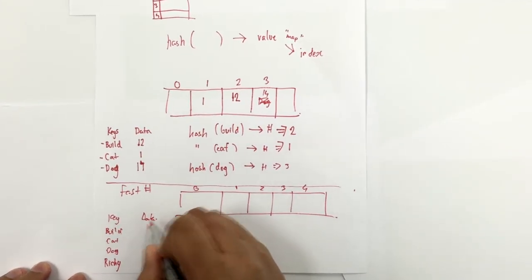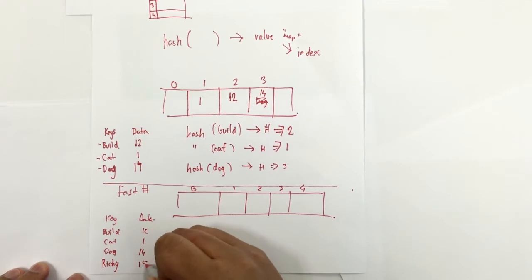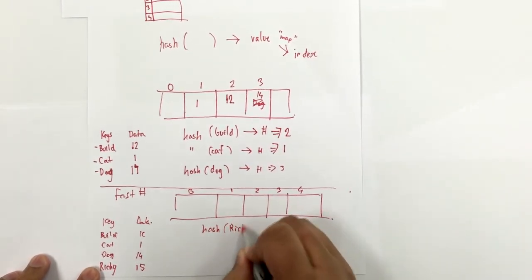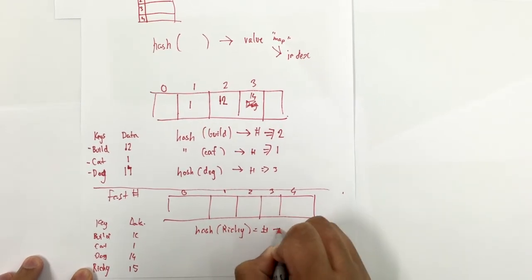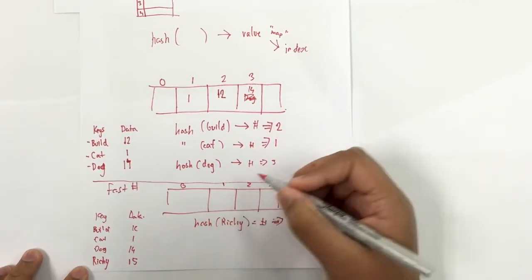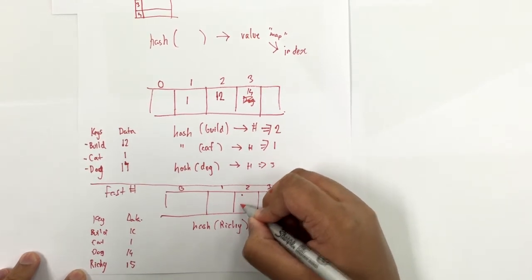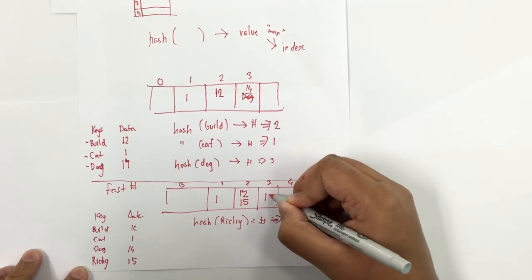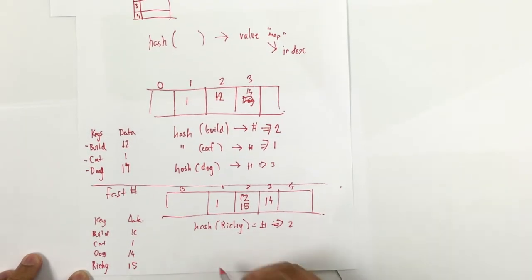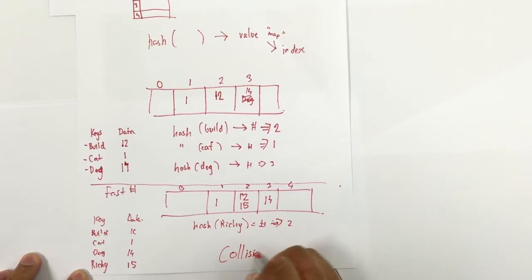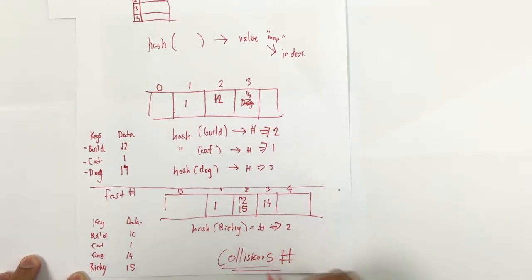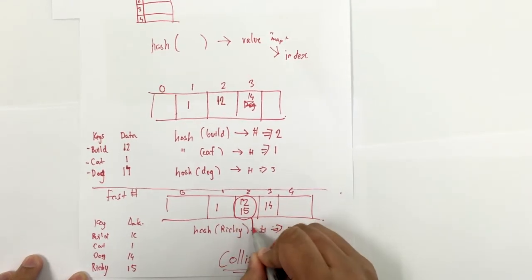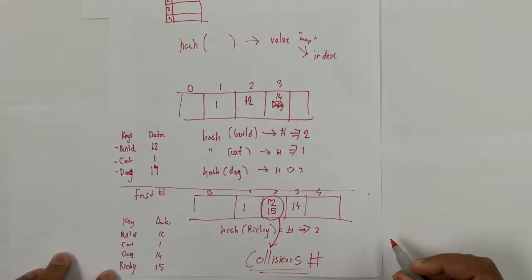And let's say when we put Richie into the hash function, it returns an index value of 2. Now we can see that 15, the data of Richie, and the data of Build will be in the same array. This is called a collision. Collisions are any data in the same array that belong to two different keys.